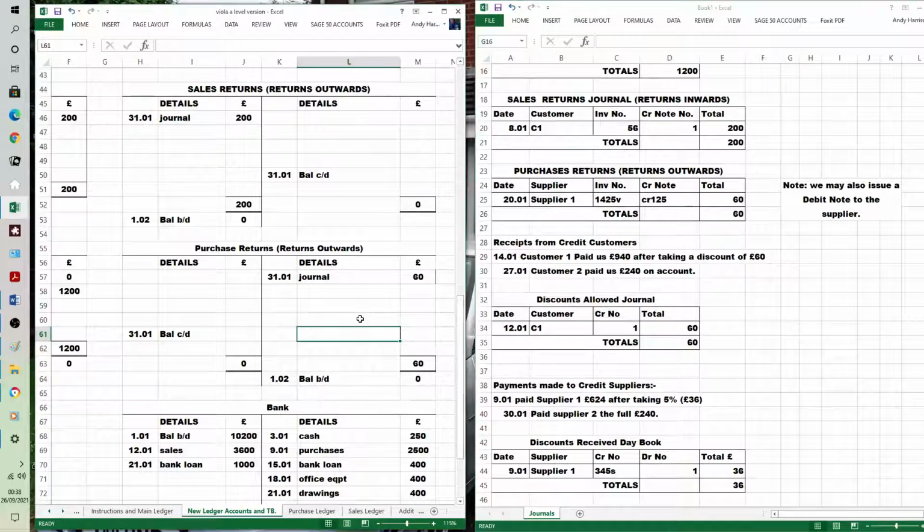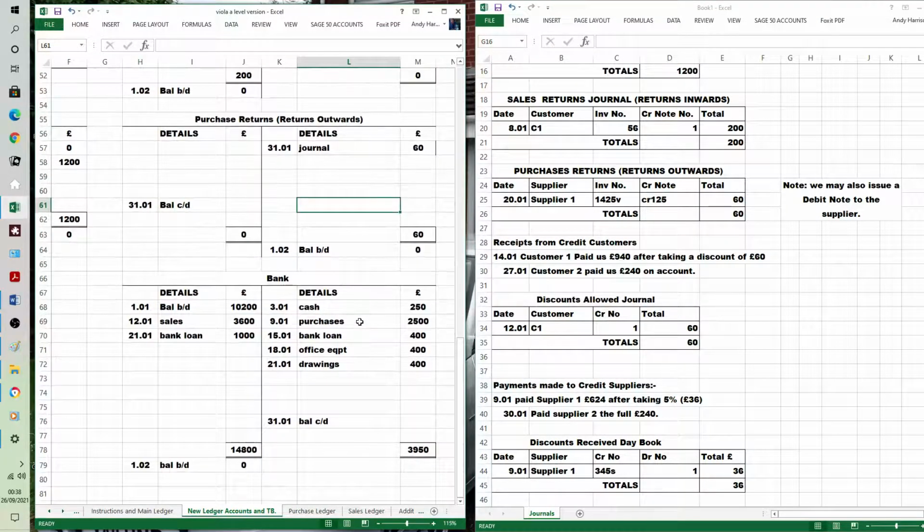So different people, different ways. Might as well do the bank first. On 14th. This would normally be from a cash book, or it will be in next video onwards. Paid us 940.